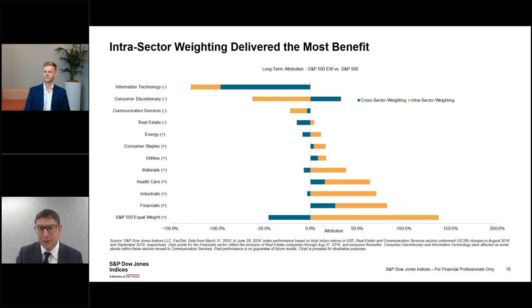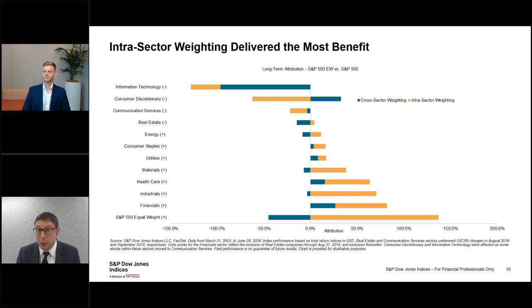Just in advance of the 2008 US banking crisis, the S&P 500 had a very large weight in the financial sector. And that compared to equal weight also, right? Because as the capitalization gets very large, it gets a larger weight. In equal weight, the sector weighting is essentially determined just by the number of stocks. If there are 10 stocks in the financial sector in the S&P 500, then they'll get a 10 divided by 500 weight in the equal weight index.